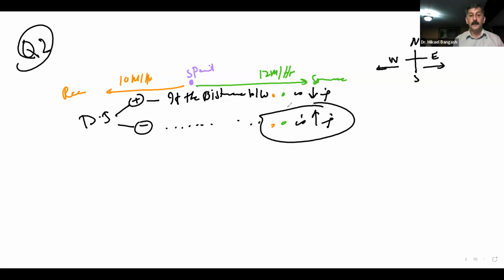Clear? Even if, let me say, the receiver didn't move, but this fellow here still travels towards east. Or he could have been traveling towards west, north or south.